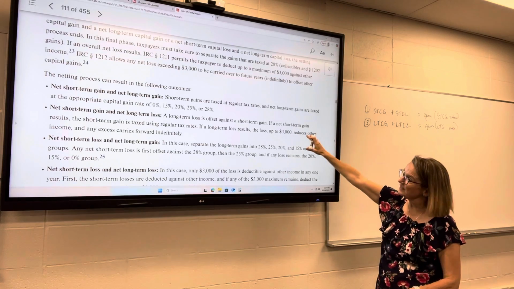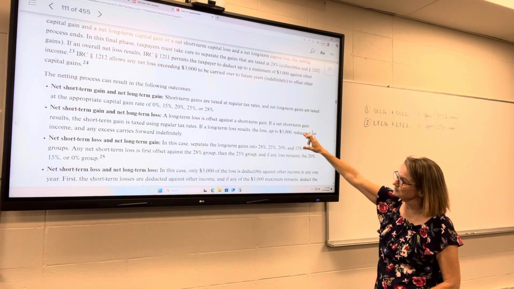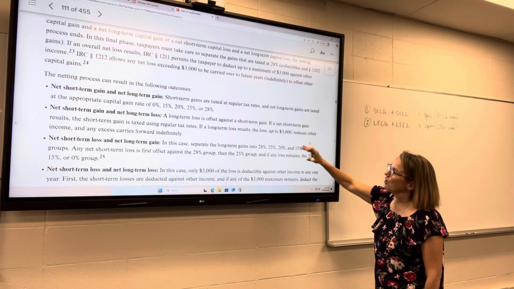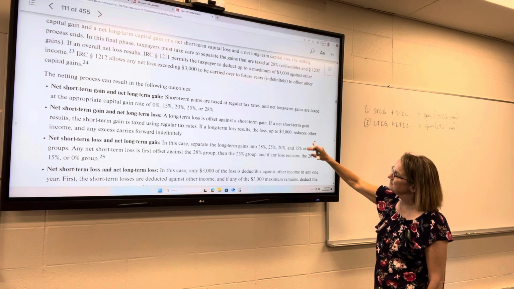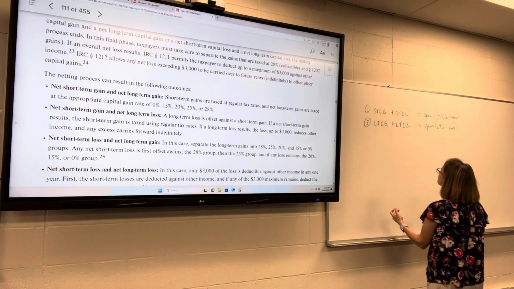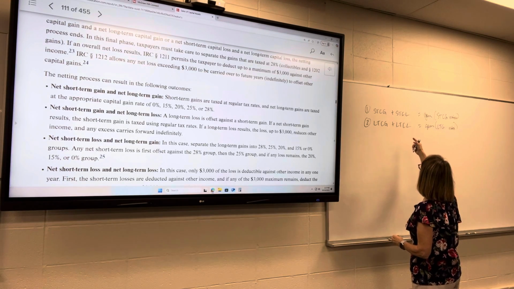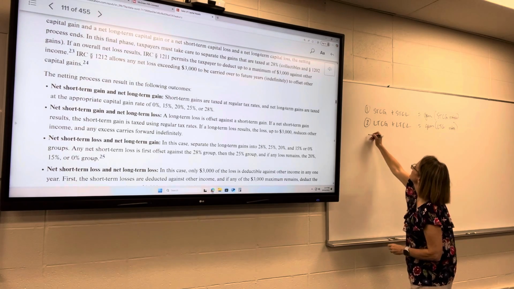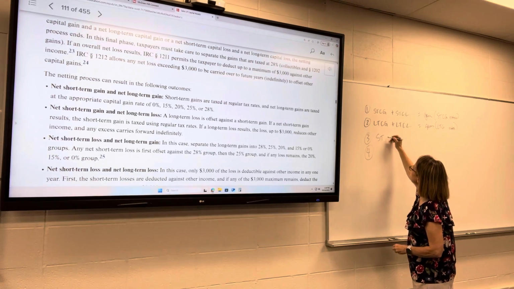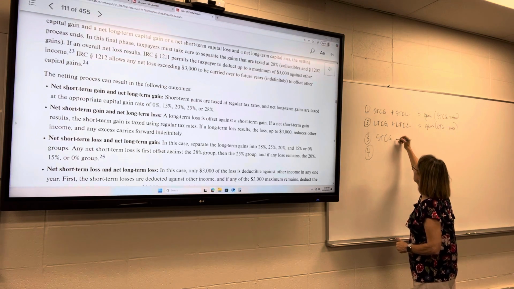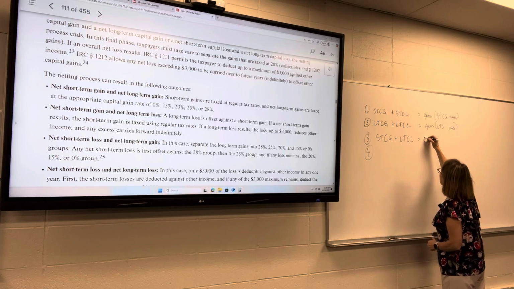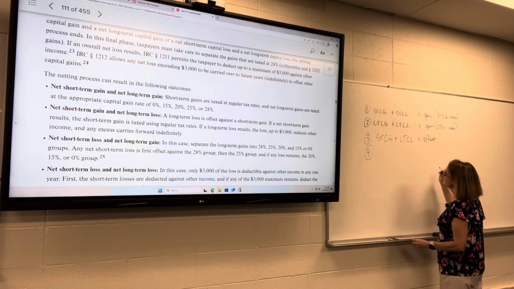If we've got a short-term gain and a long-term loss, the long-term loss is offset against the short-term gain. So we get to offset those two. So these are the different options, maybe I need to put it up as options. If we have a short-term capital gain and a long-term capital loss, we get to offset them against each other.